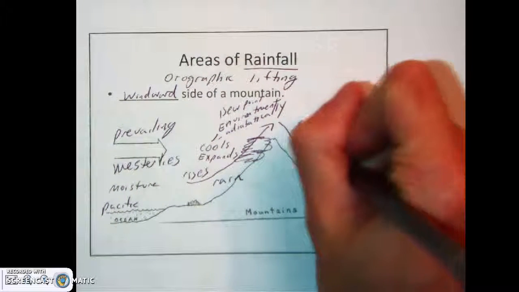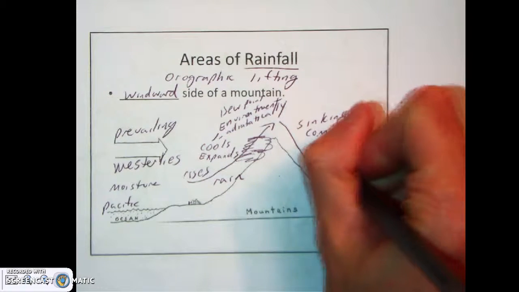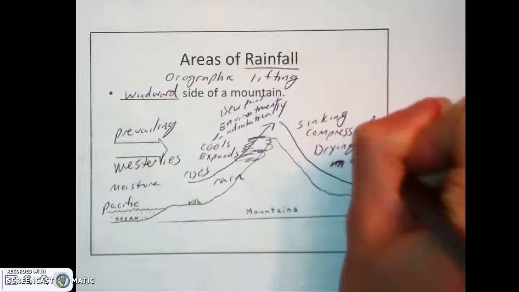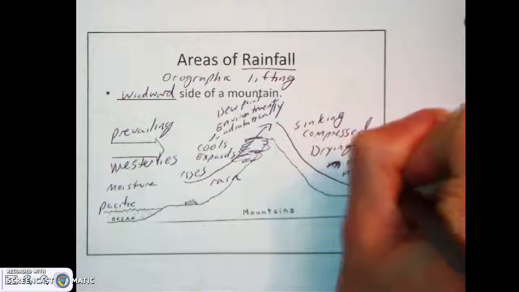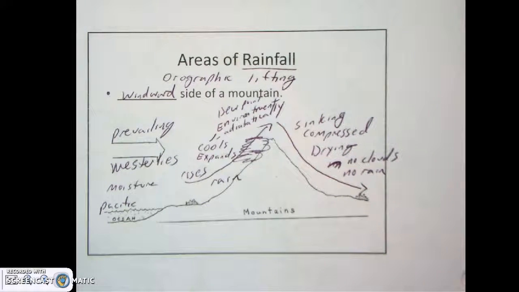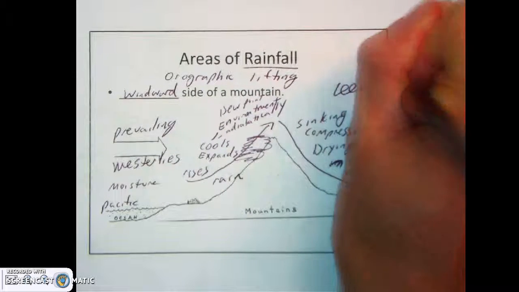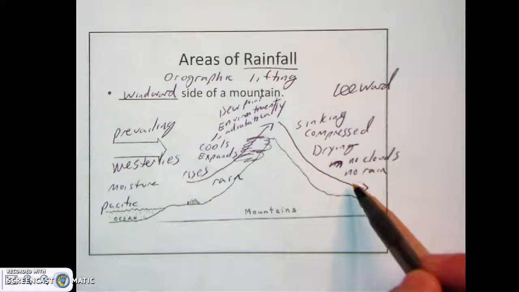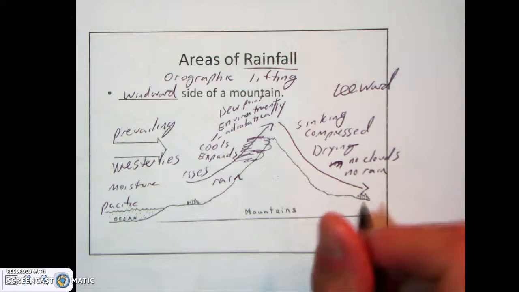The air is drying, so we're not going to get any clouds, which means no rain. On the leeward side of the mountain, leeward means it's protected from the wind, we get very little rain. This is a very dry environment.